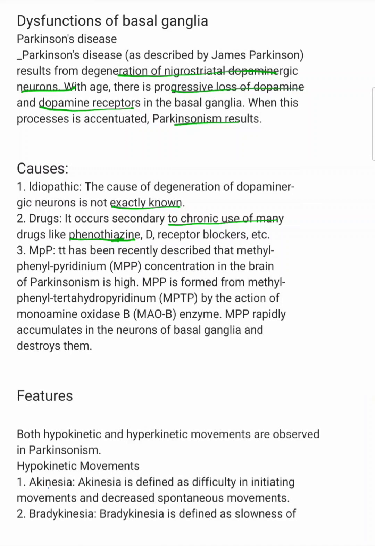Next, MPP+ has recently been described: methyl phenyl pyridinium concentration in the brain of Parkinsonism is high. MPP+ is formed from MPTP by the action of the MAO enzyme. MPP+ rapidly accumulates in the neurons of the basal ganglia and destroys them.